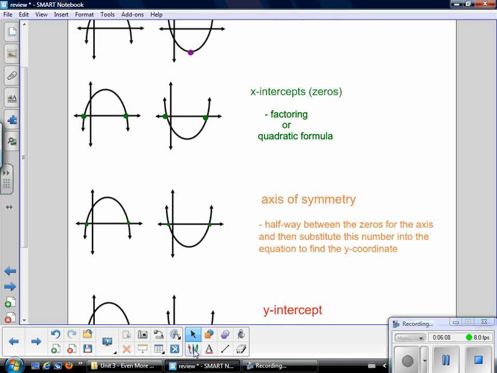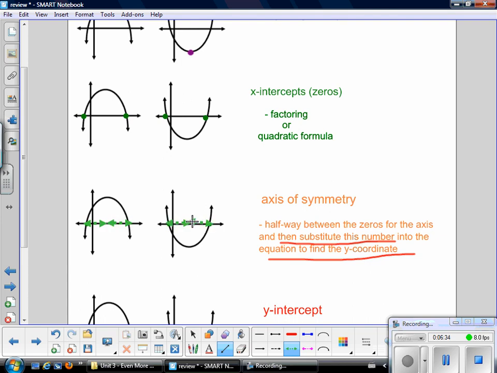And then if I wanted to, I could substitute that number into the equation to find the y coordinate. So I could use these zeros in order to find my vertex. There's a few different ways. In order to do that, we would have to find halfway, whether it turns up or down.